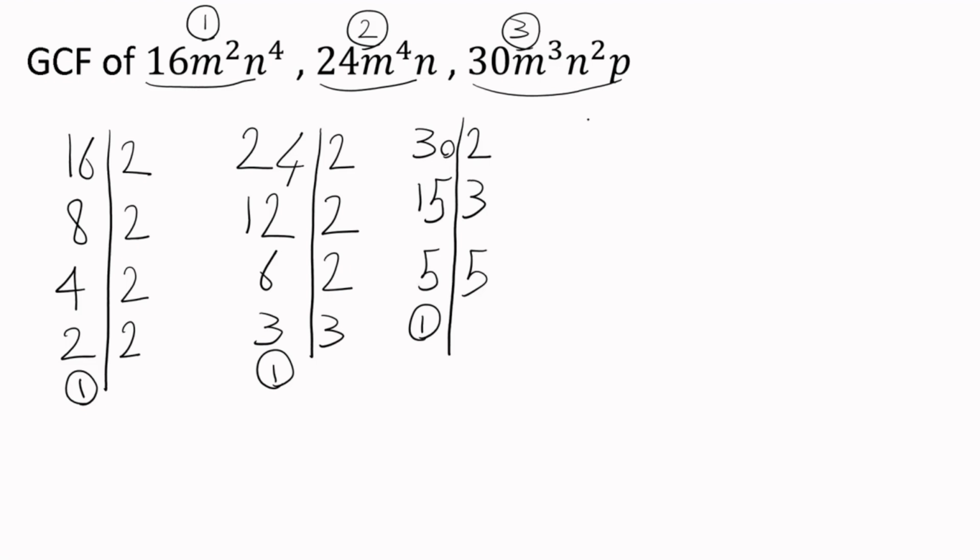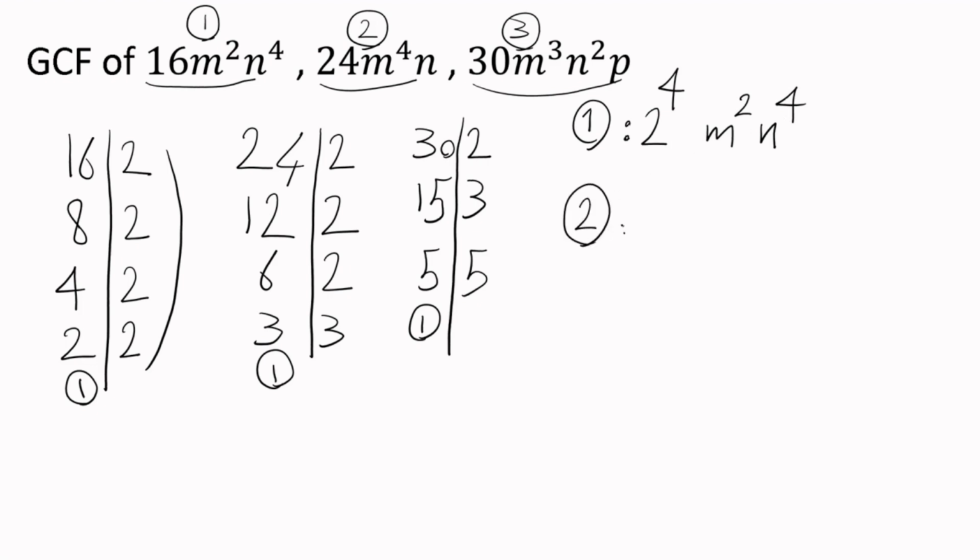So I can write the first term as, you can see here, I have 4 2's, so 2 to the power of 4. I should not change the variable part. m^2 n^4. Let's write for the second one. As you can see, I have 3 2's and I have 1 3.